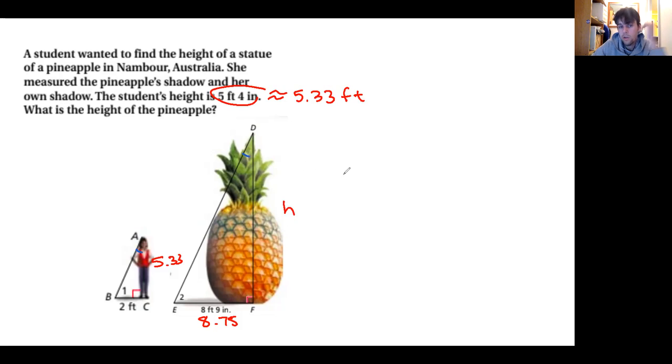So these are similar triangles, so we can set up a proportion. When you're setting up a proportion, you do need to make sure you set it up in a consistent manner. I'm going to do shadow over shadow, height over height, and then pick either both measurements from the girl on top or both from the pineapple, but make sure that's consistent. So I'm going to set mine up this way.